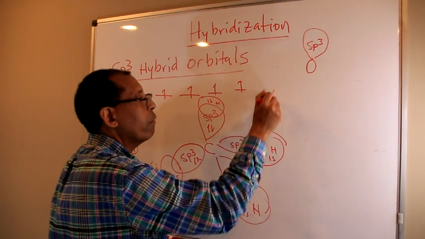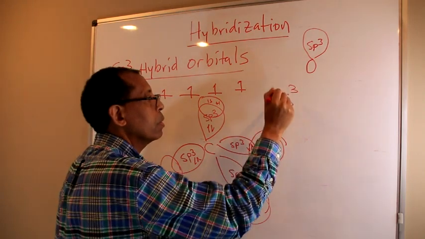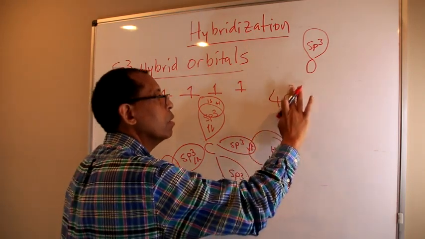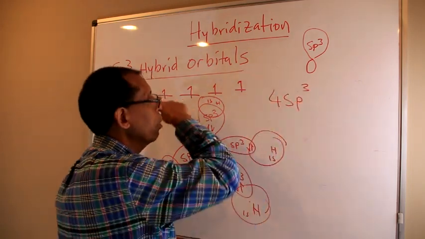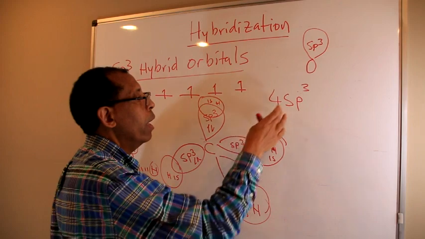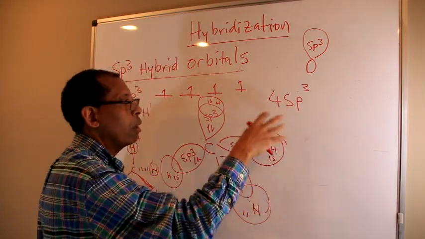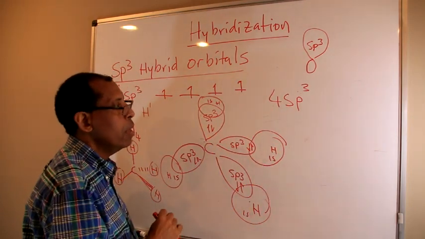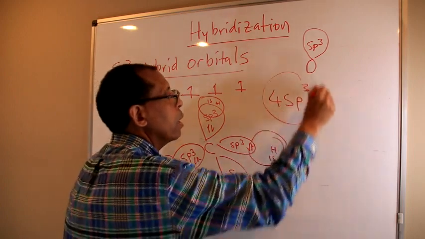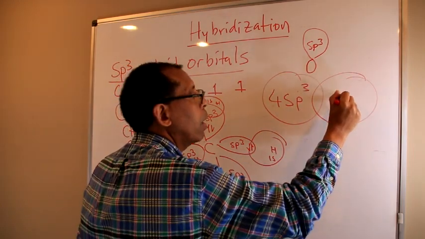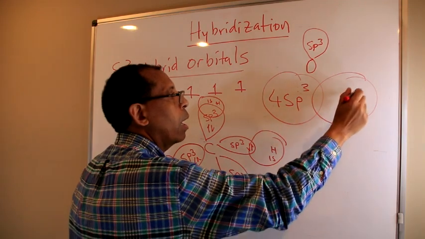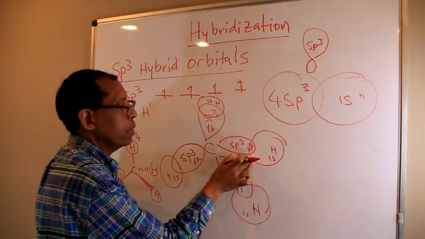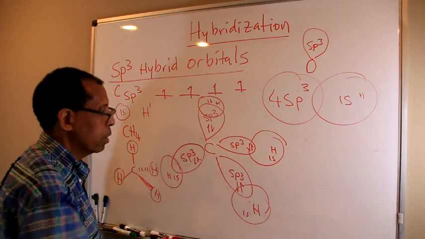So 4 of the sp3 hybrid orbitals, 3 meaning 3 of the p and 1 of the s, with a total of 4 electrons on them, overlapping with the sigma of 1s, are what is making the 4 bonds.